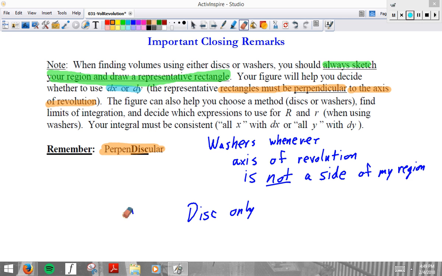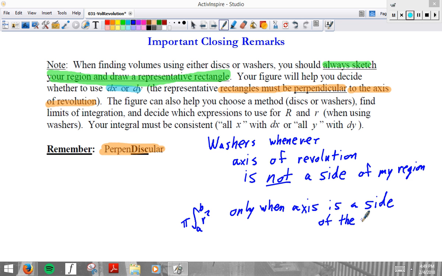Let's be really clear here. I'll just write this. You're only ever going to use this formula only when the axis of revolution is a side of the region.